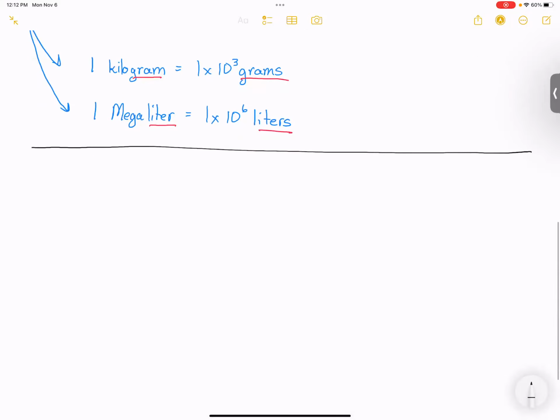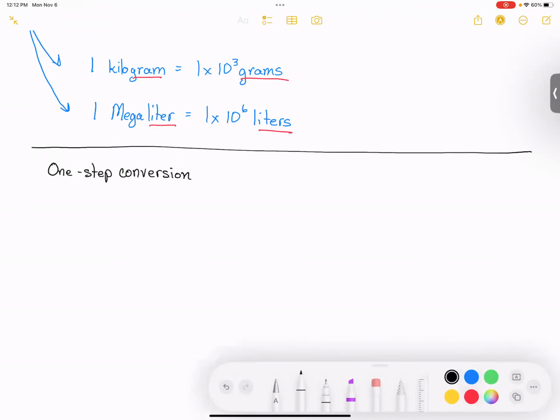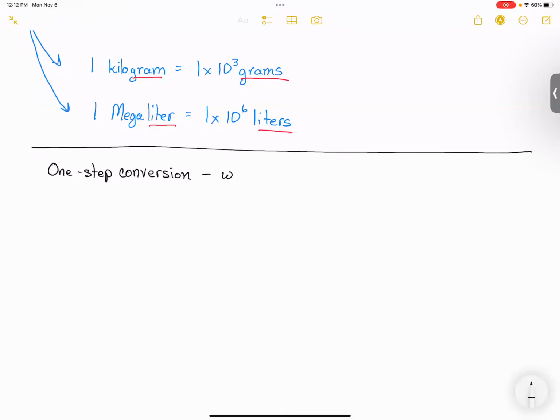So let's look at examples. It will be a one-step conversion when converting between the base unit and a prefix unit.